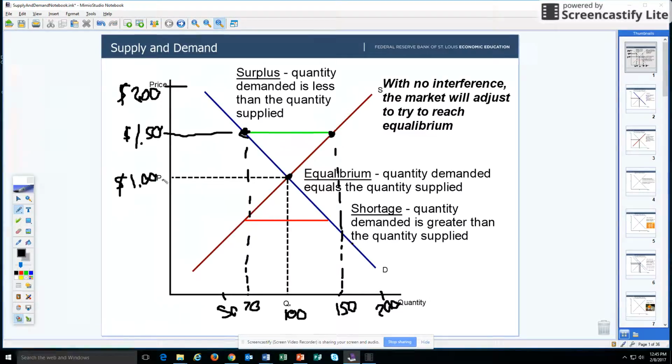So if we sell our donuts for $1 and the quantity supplied is 100 and our quantity demanded is 100, every single person who wanted to buy a donut got to buy a donut, and the people who made the donuts don't have any left over. So quantity demanded equals the quantity supplied. That's our equilibrium. This is our equilibrium point.